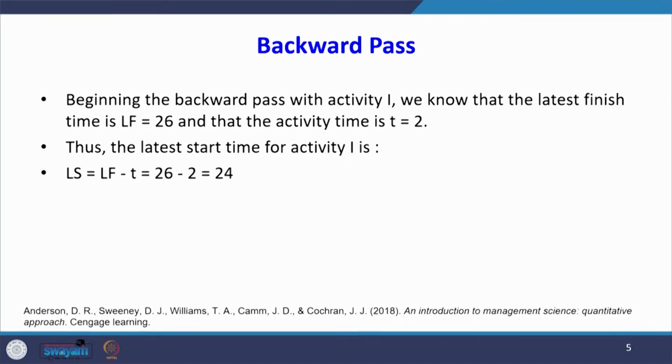Beginning the backward pass with activity I, we know the latest finish time LF is 26 and the duration of that activity is 2 units. So, the latest start time for activity I is LS equals 26 minus 2. So, 24 is our latest starting time.